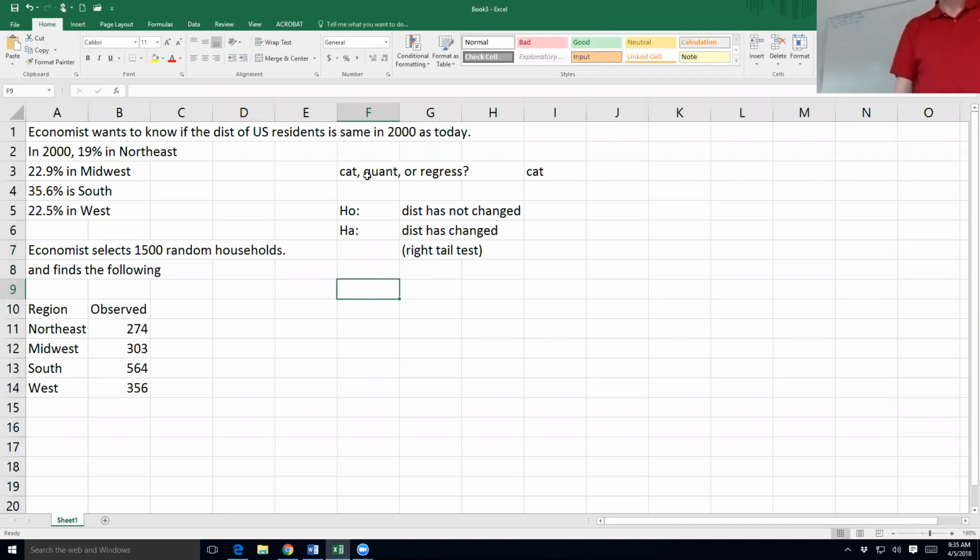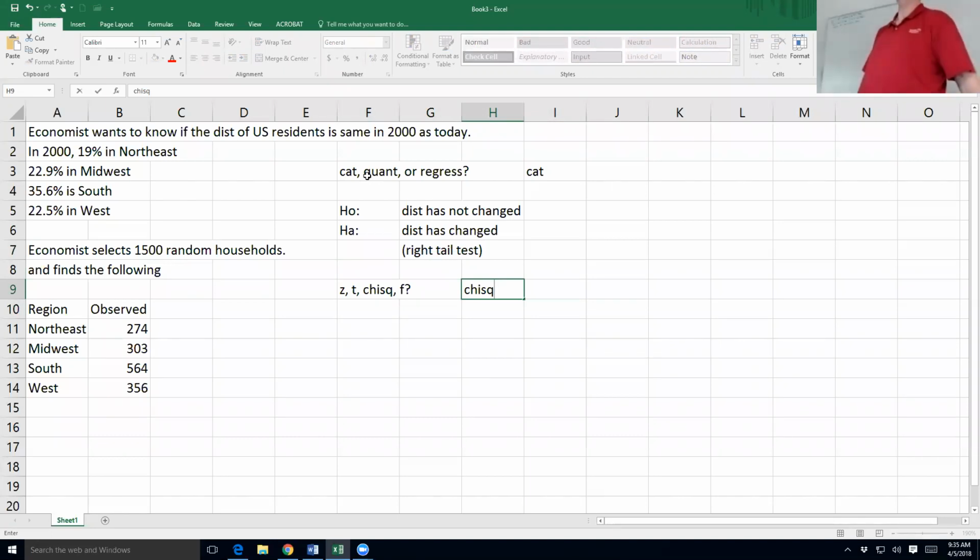Now, the next question is, what kind of test? Is it a z, a t, a chi-square, or an F? It's going to be a chi-squared because I told you that at the beginning of the class. But how would you know that on the test? And not just any chi-square test, we've got multiple chi-square tests now.